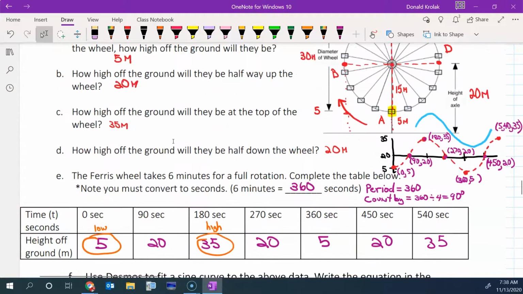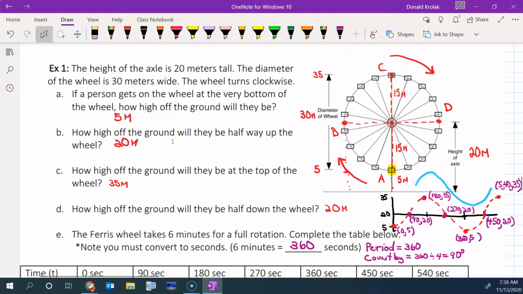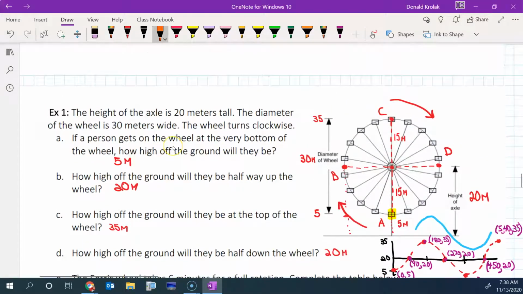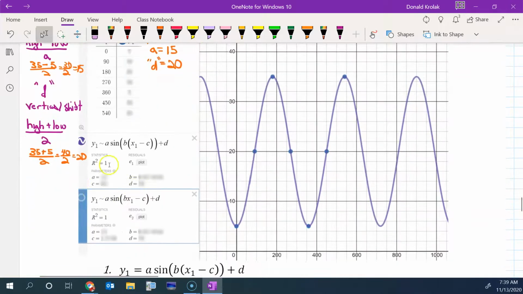The midline is the same as the vertical shift. Yep, exactly. Whatever the height of the axle is, that is going to be your vertical shift. All right. Then we had to get B. B was the frequency.